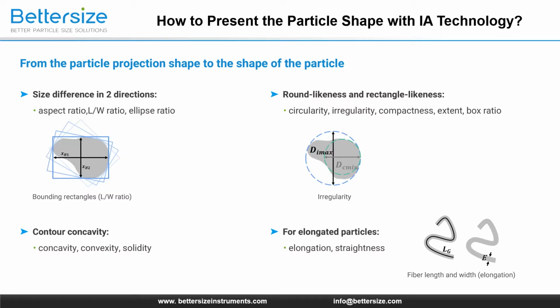For elongated particles, or particles with a concave contour, there are some parameters to describe their shapes, such as convexity, elongation, and straightness. Same as size parameters, all parameters mentioned here can be measured with a Bewischen image analyzer.